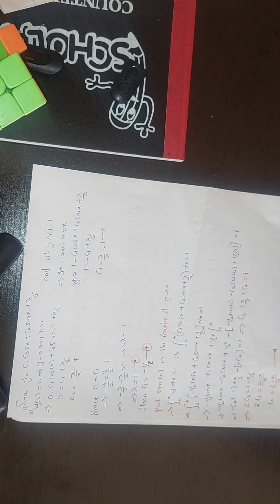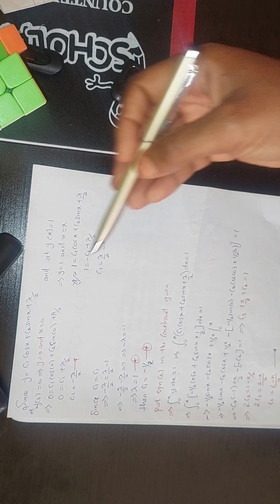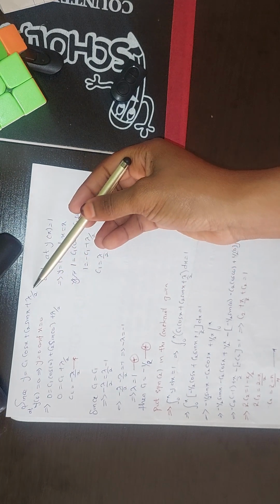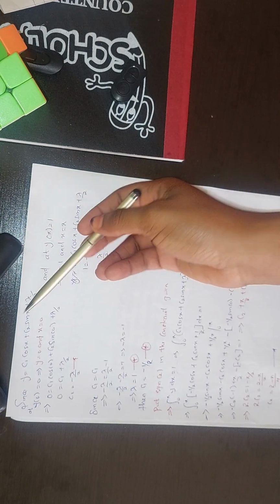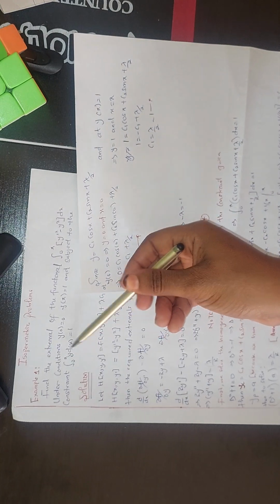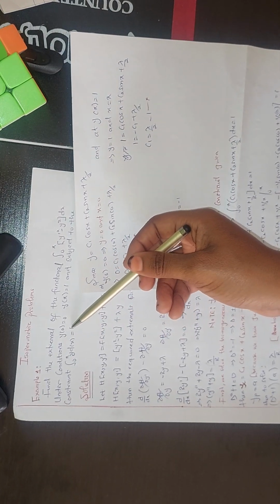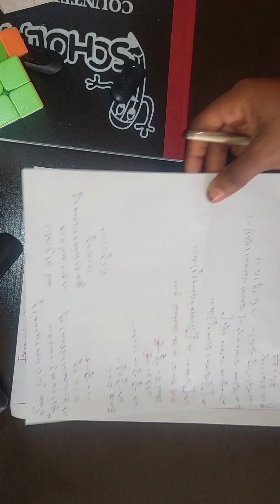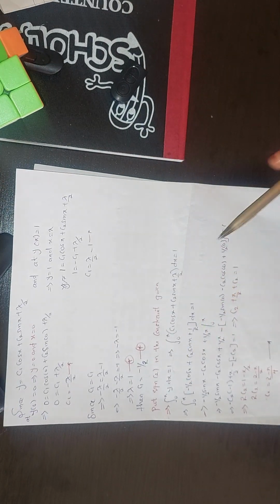What else are we looking for? Our c2. Since that is the case, I'll just go to my general equation and then go to my constraint. What is my constraint in the question? I said the integral from 0 to pi of y dx equals 1.